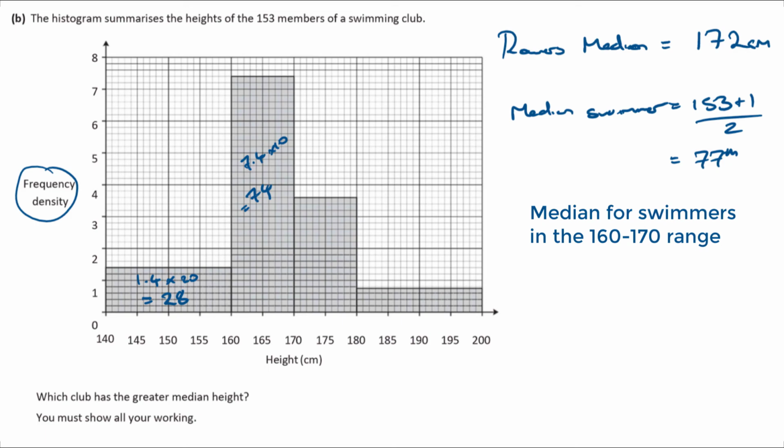I don't know exactly the value of the median for the swimmers yet, and I don't think I actually need to find it, because no matter where it lies in that range from 160 to 170, it's definitely less than the median for the rowers, which was 172. Okay, so I think I've done enough already, so I can just say that the median must lie between 160 and 170. So the rowers have a greater median.